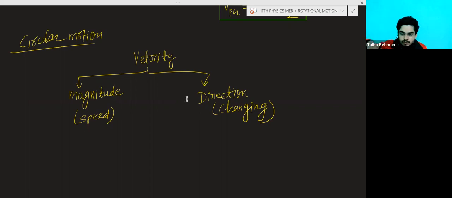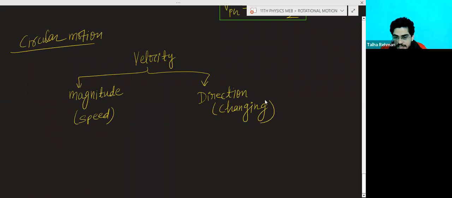If suppose the body is moving on a circular path with 10 meter per second speed, all the time the body will have the 10 meter per second speed. Then also it will have this centripetal acceleration. Why? Because due to change in direction, there is another acceleration due to change in magnitude.